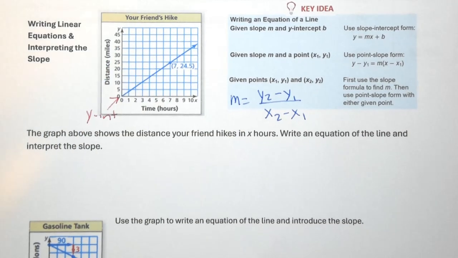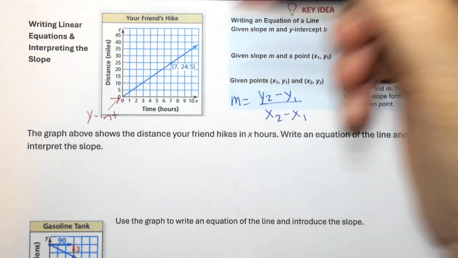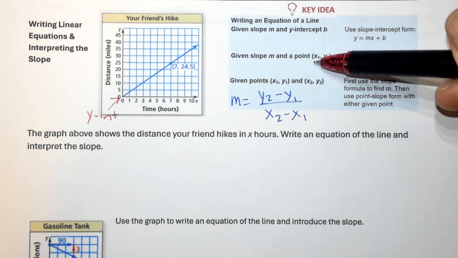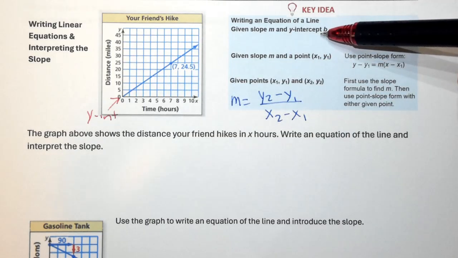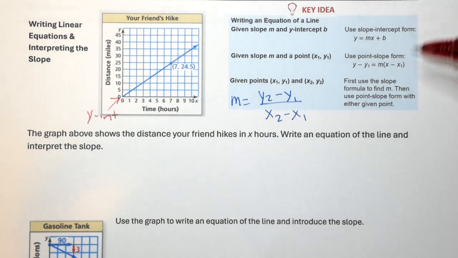So I'm given the y-intercept, and I'm given a point. So I've got two options. I could use point-slope form because we're given a point, we can find the slope, or we can use slope-intercept form. I think most of you are familiar with this, and this is the easiest one, so this is the one we're going to go with.